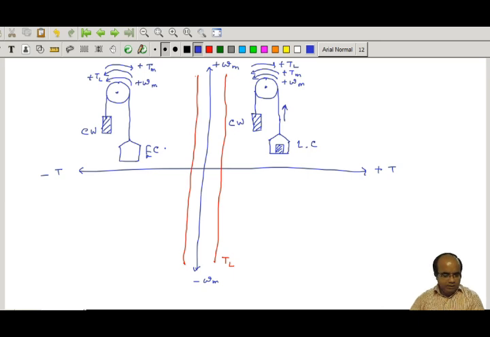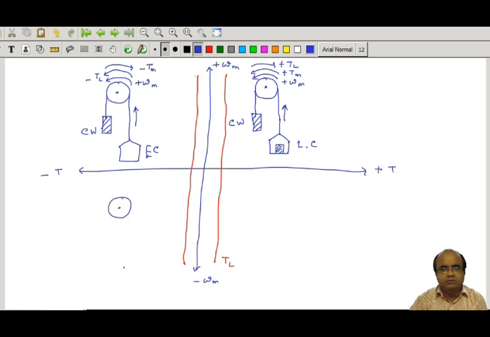Now in the third quadrant, if the motor is in the second quadrant, the motor is acting to uplift the empty cage, but in this third quadrant, this torque becomes negative with respect to the positive quadrant.